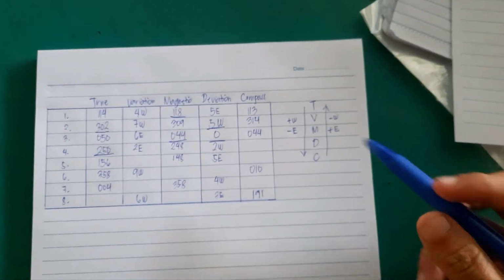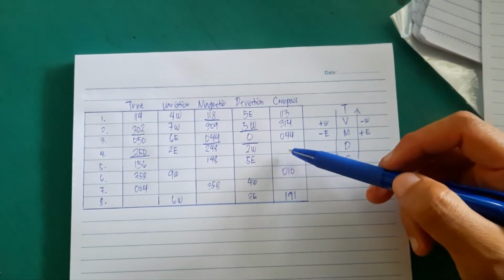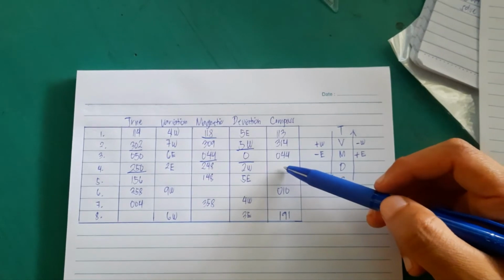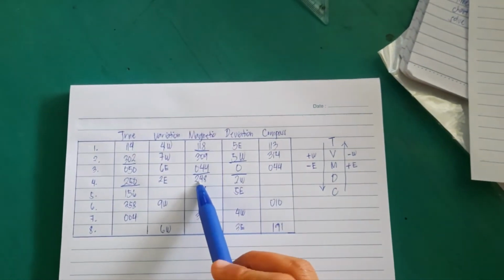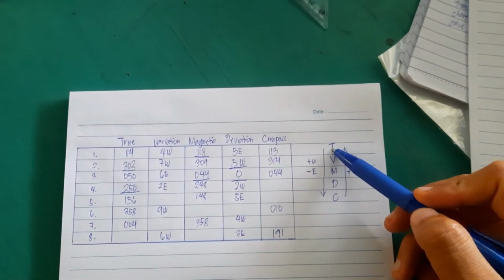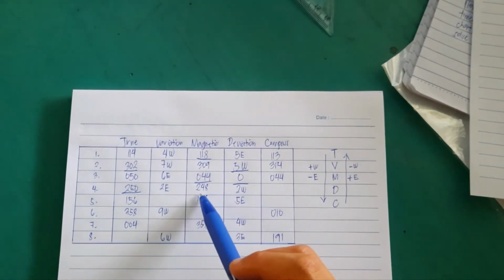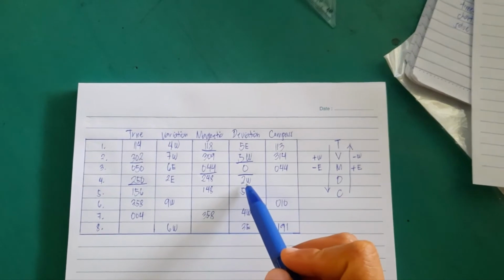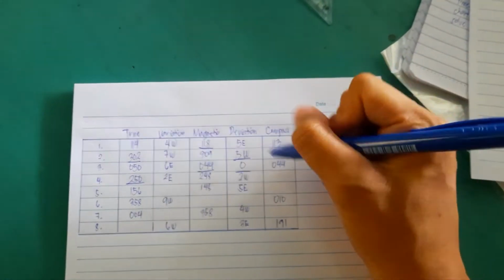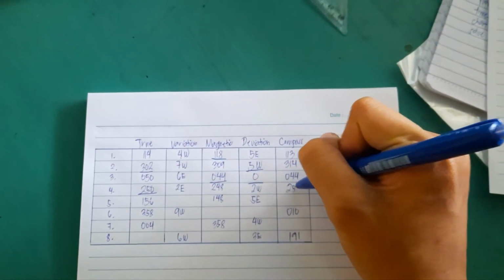And the next one is the course is missing. So how can we get the course? The applicable rule for this one is true course to compass course. So west, it is add: 248 plus 2 degrees west, then it's 250.